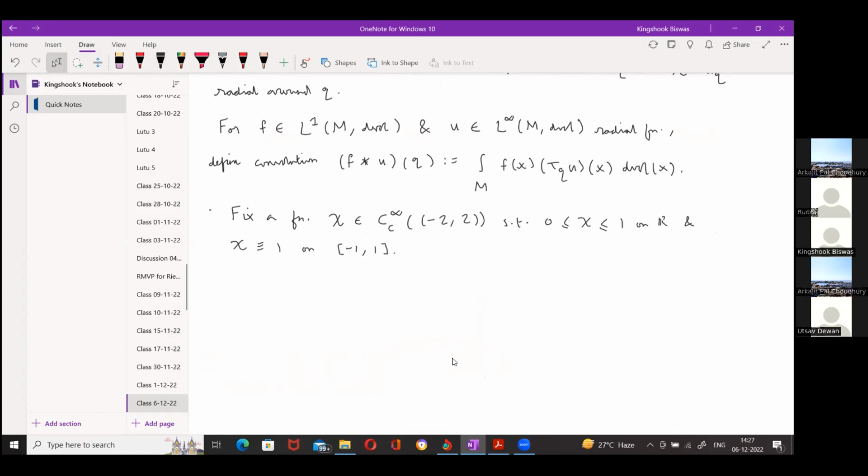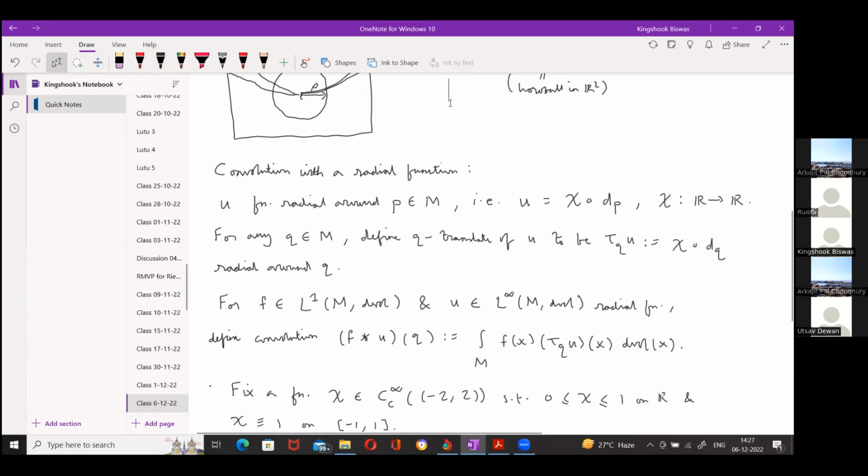So, I mean, we can define this convolution in the way that I defined. The only problem is actually, in general, the translates of a radial function may not all have the same L^p norms, or L1 norms.